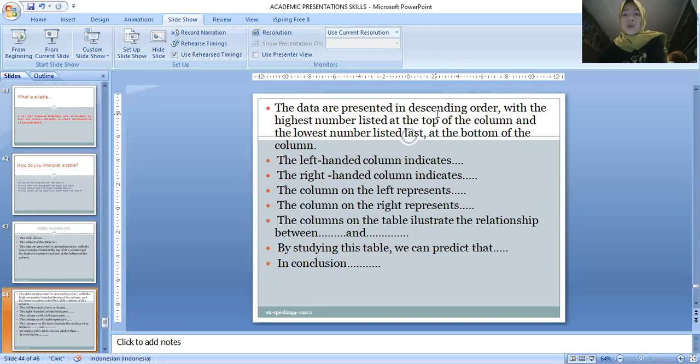So descending is the opposite of ascending. It starts from the highest number to the lowest number. Yeah. The left-hand column indicates, the right-hand column indicates, the column on the left represents, the column on the right represents, and so on and so forth.